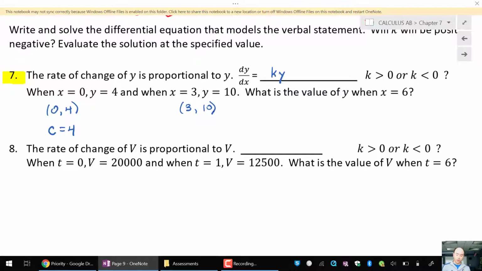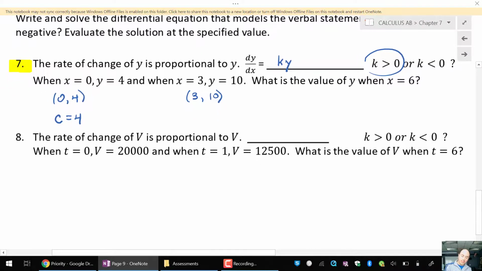So let's use those two data points and write an exponential. In this case, it looks like a growth equation. We're going from (0, 4) to (3, 10). So I have a positive k value. And I can write this expression, y equals 4 times e to the k times x. I know that the C value of integrating is going to be 4 from the ordered pair (0, 4). I don't know what k is. Let's plug in 3 and 10.